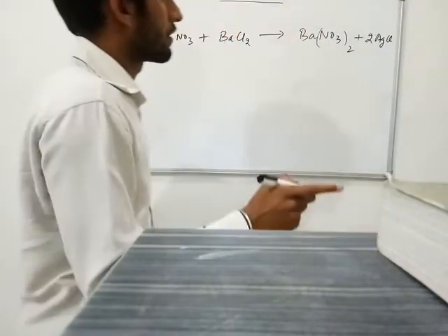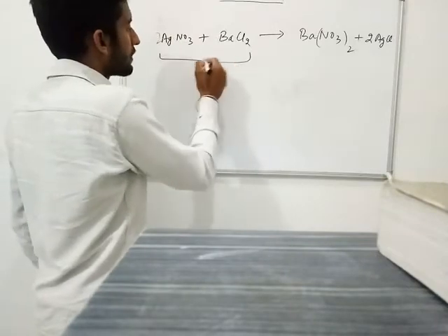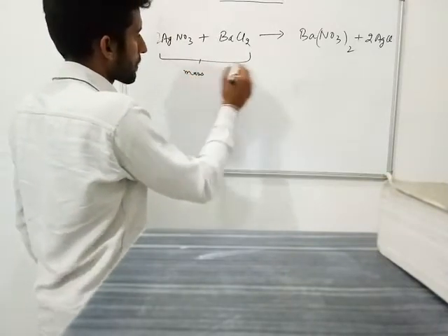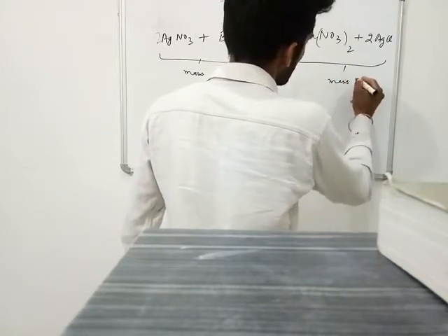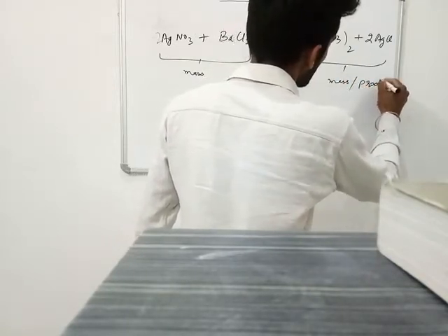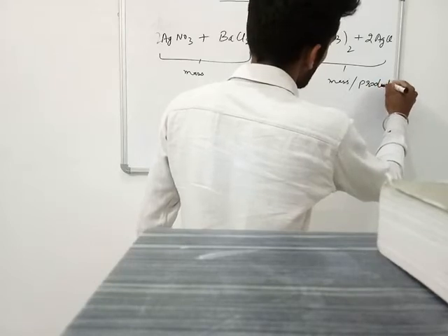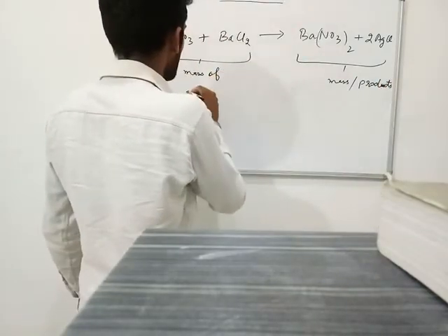If we calculate the mass of these two, and the mass of these two, these are known as products, and these are known as reactants.